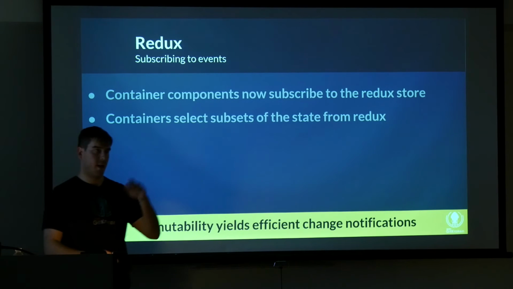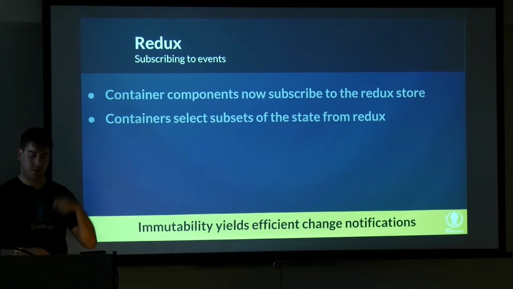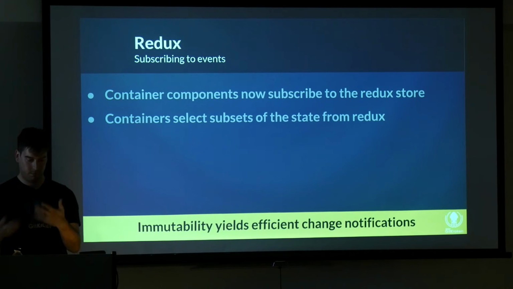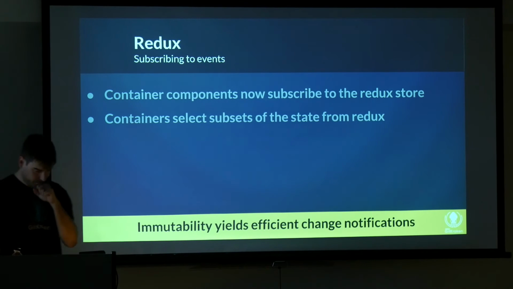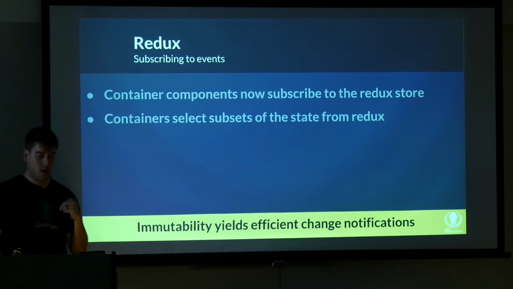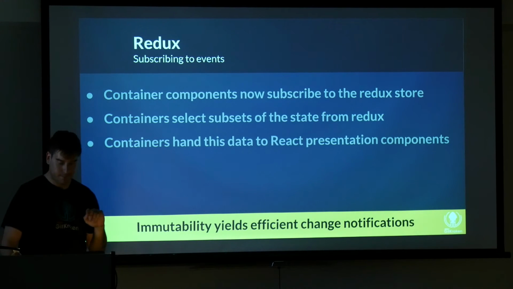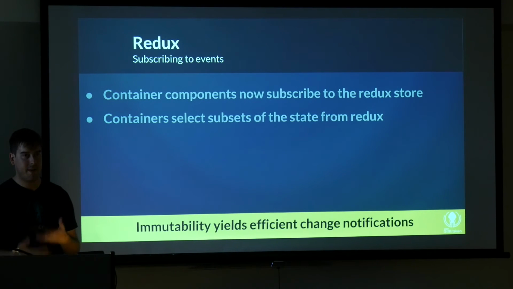I have a tree of objects, and so I'll listen for A, B, C, and D, and when D changes, I'll update. And the way that we do this update is, when Redux emits changes, it's going to hand us that state again.